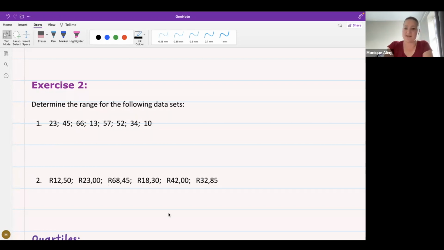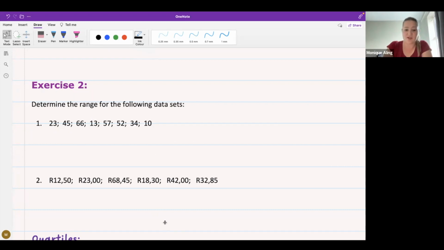Okay, I'm seeing some answers coming in for the first question. It's really impressive that you guys are getting the numbers in order quite quickly, or you're able to identify the highest and lowest quite quickly. Okay, good, guys. So I see for question 1, we're all getting the answer of 56.